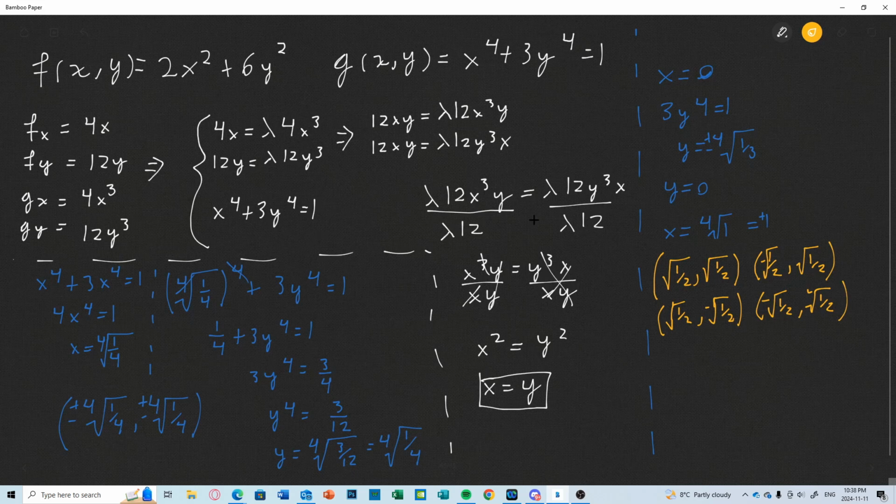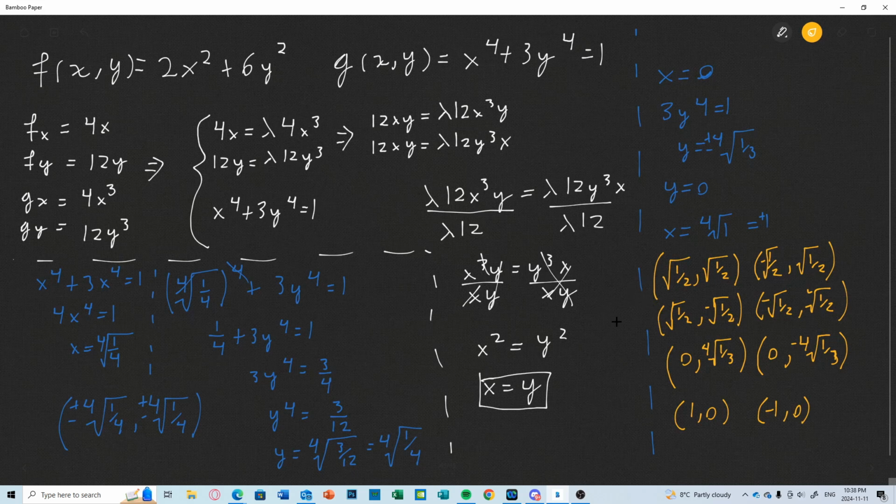And now we have to write our endpoints, which will be 0 and the 4th root of 1/3, which you cannot simplify anymore. And we'll get 0 and the negative 4th root of 1/3. And now finally, we will have 1 and 0 and negative 1 and 0.